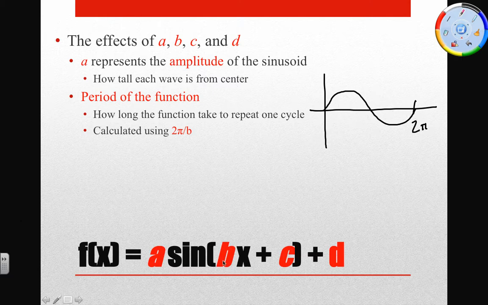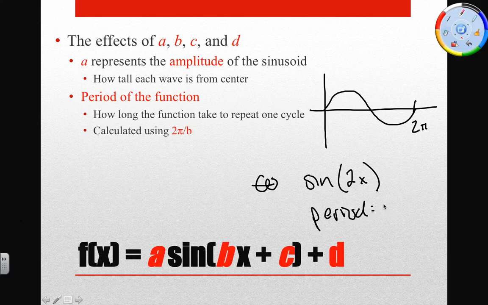So if you're given a b value, in order to find the new period, if I said, let's not do cosine, let's do sine of 2x, the period is 2 pi over b. In this case, b is 2, and so it's pi, which means if we were to graph this, the graph would go from 0 to pi. One full wave curve here would go from 0 to pi.